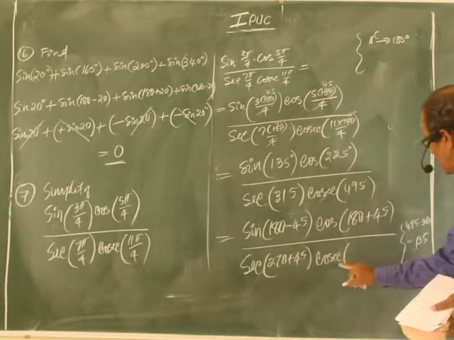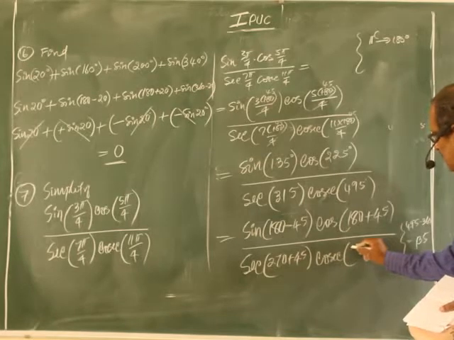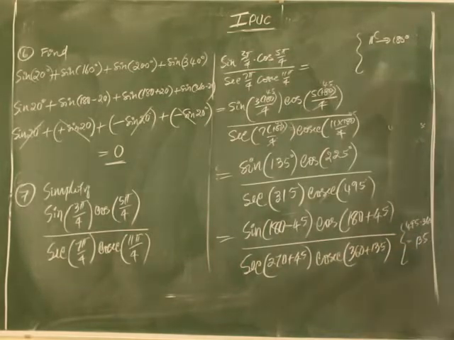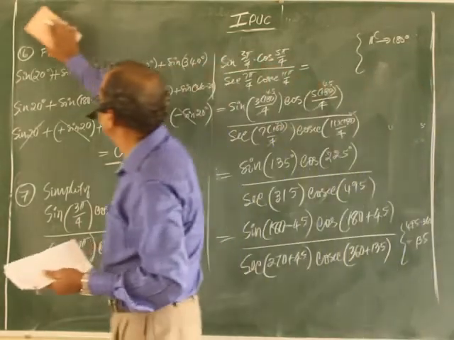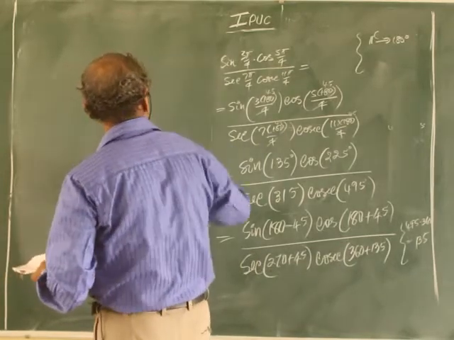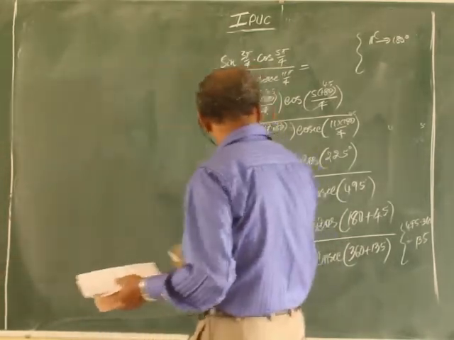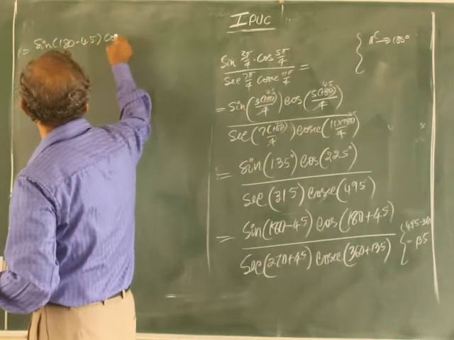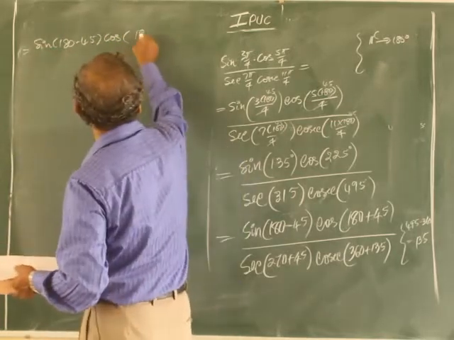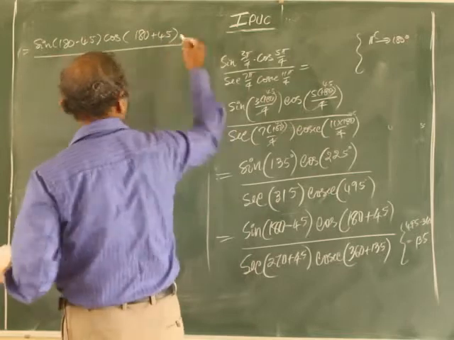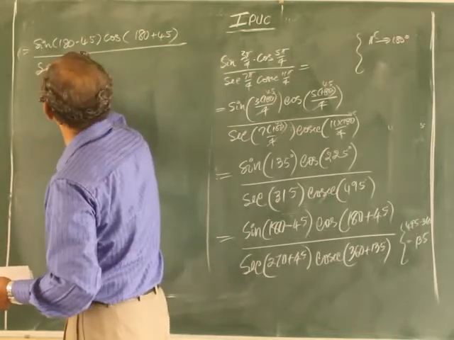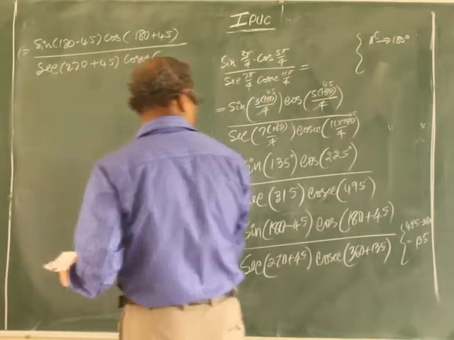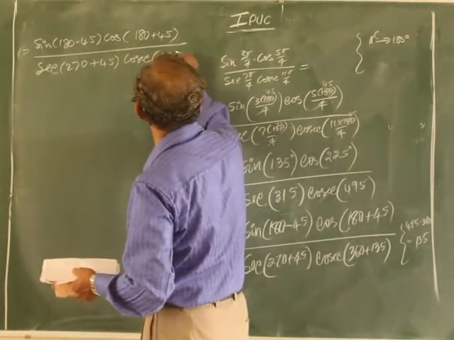So the next step is sin 180 minus 45, cos 180 plus 45, secant 270 plus 45, cosecant: leave that 360, just write 135.